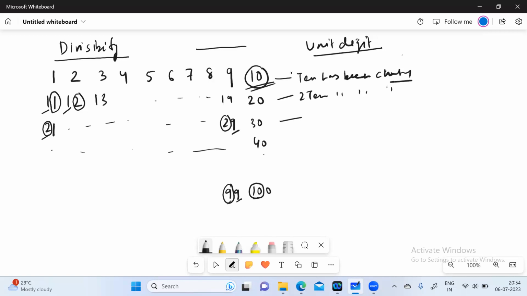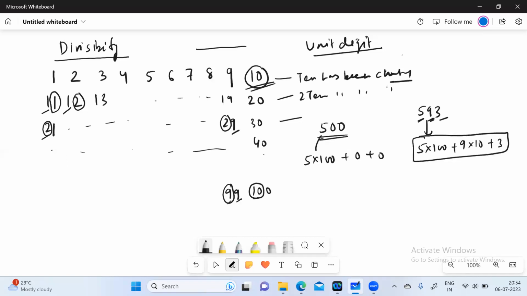I have already explained that once we write 500, what does this mean? That 5 times 100 has been completed, and then the other places are 0. And if the number is 593, this says 5 times 100 has been completed, then 9 times 10 has been completed. This place is for 100, this place is for 10, and this is units, and 3 is alone. So this is how we can expand the number.